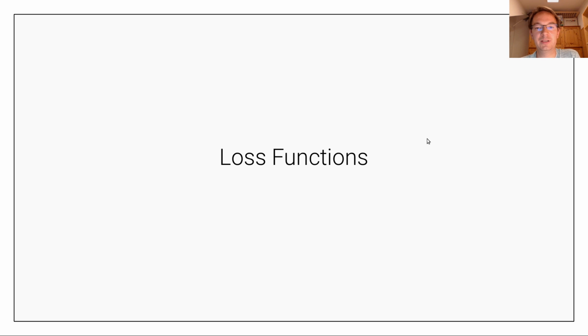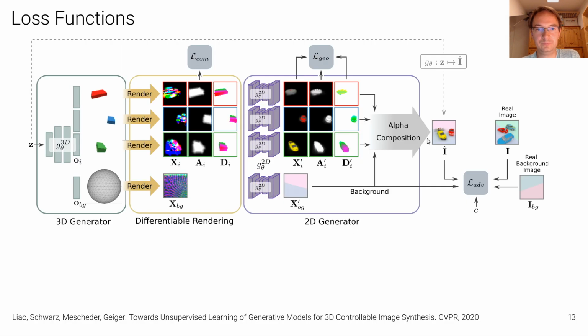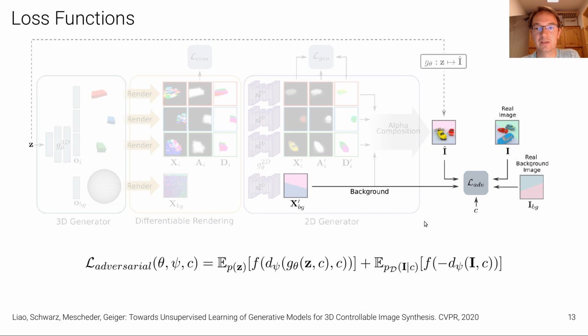Now let's have a look at the loss functions. We have 3 loss functions: an adversarial loss, a compactness loss, and a geometric loss. Let's first look at the adversarial loss. We denote the entire generative process, what is inside this box here, using g theta, indicated by this dotted arrow here.